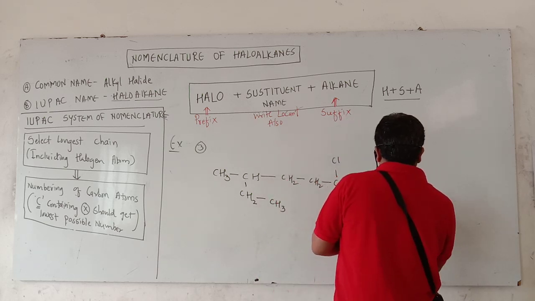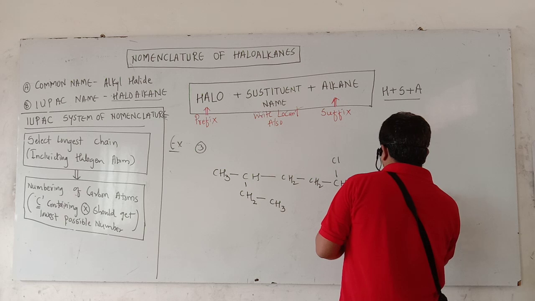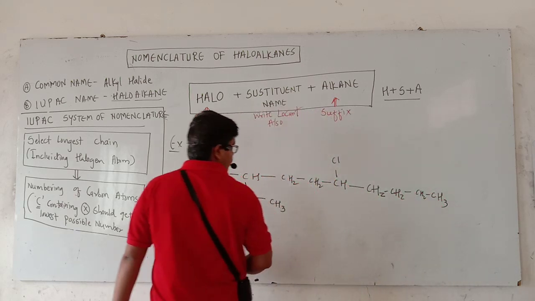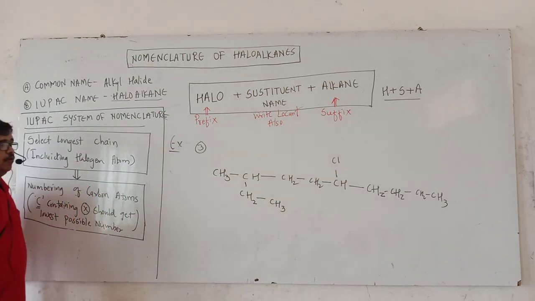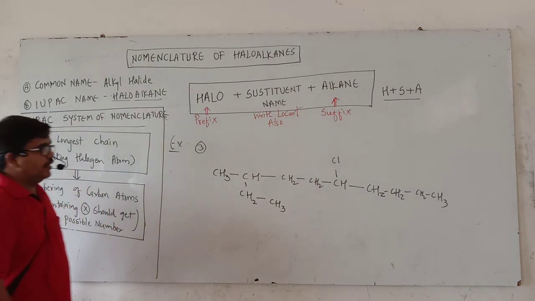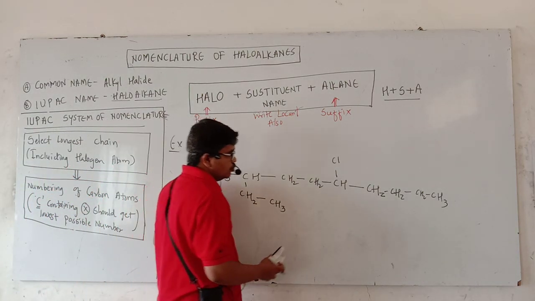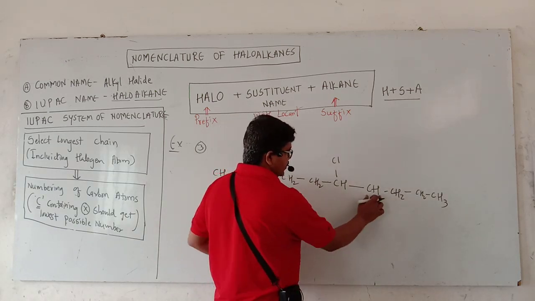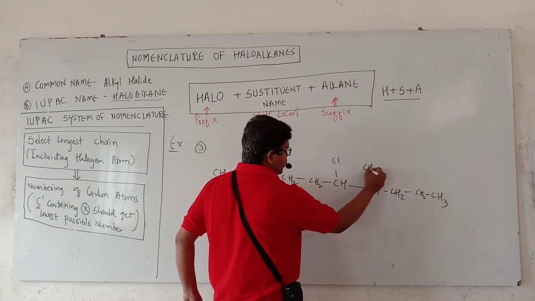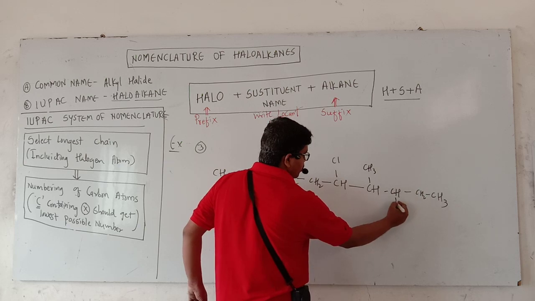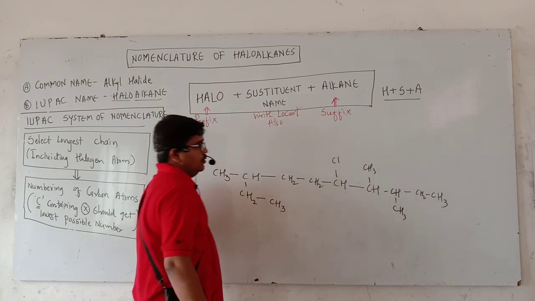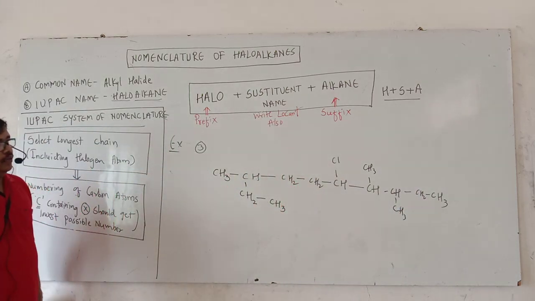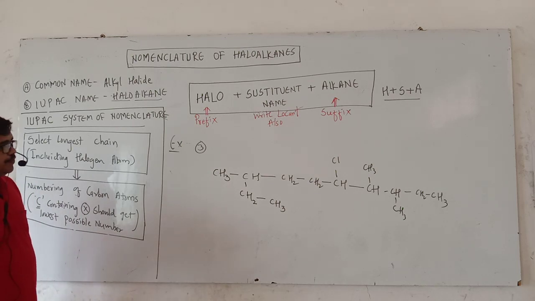We can take CH2, CH2 and CH3. Okay. If this is the compound, we can add some more substituents. So if I will cancel one of the hydrogen from here, it will become CH3. This hydrogen will be cancelled. CH3 will be better. Okay. So this example will be better.